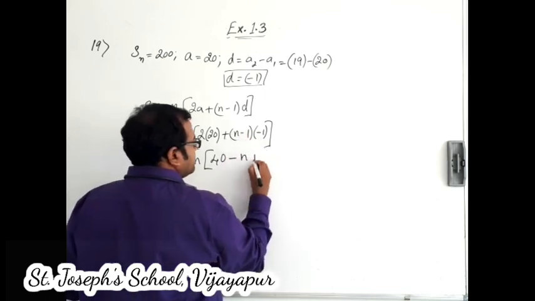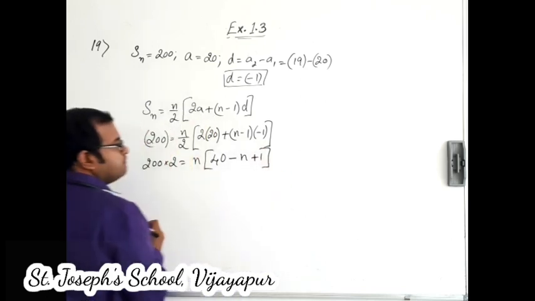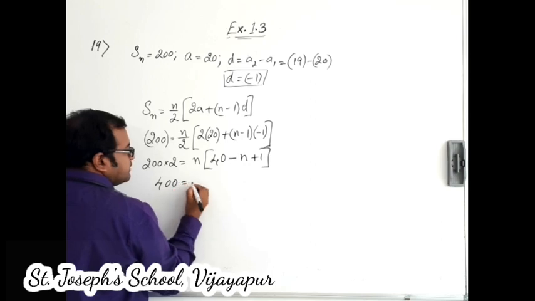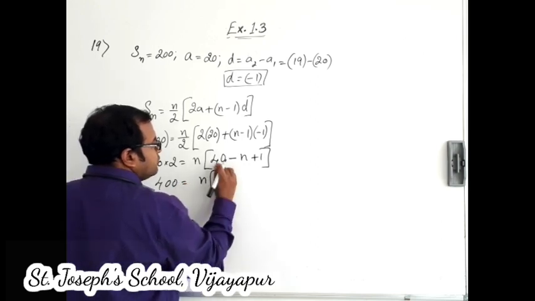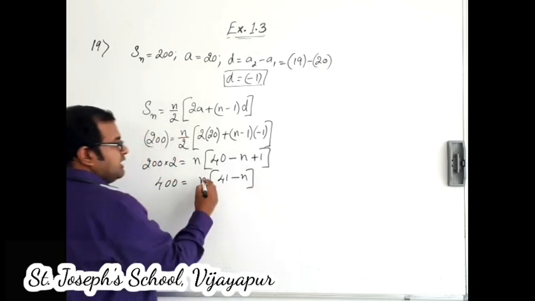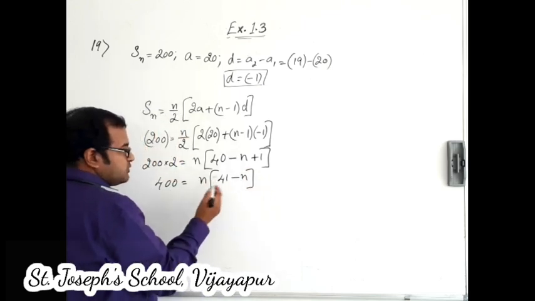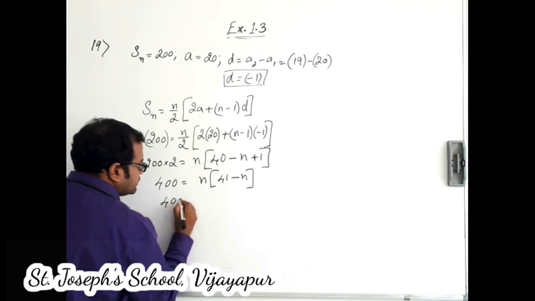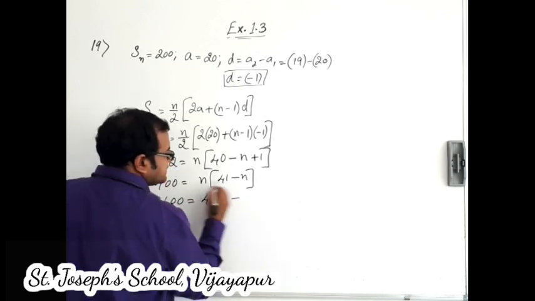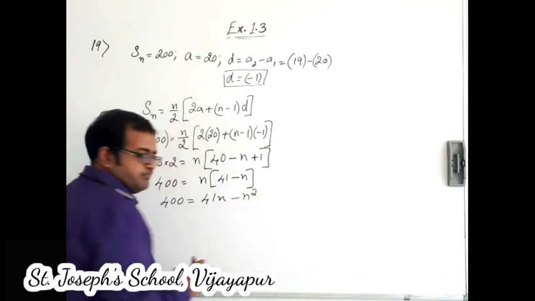Minus 1 into minus 1 becomes plus 1. Further simplification: 2 into 200 is 400, equal to n into 40 plus 1, 41, minus n. If I apply the distributive property once more, we get 400 is equal to 41n minus n square.